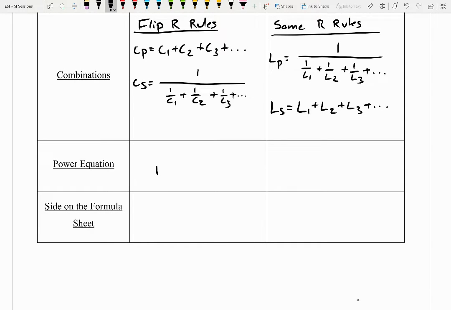The power equation: P is going to be equal to VI for both cases here. Notice how we sometimes can write I squared R or V squared over R. We can't really do that here, because these are for the capacitor and the inductor, which don't have resistance values on them.